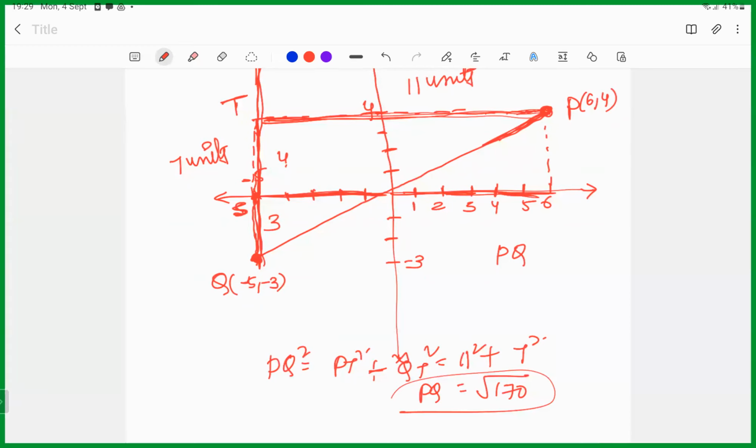So also, what else can you do? Here you have drawn a perpendicular vertically. QT is perpendicular to which axis, X axis or Y axis? And PT is perpendicular to which?